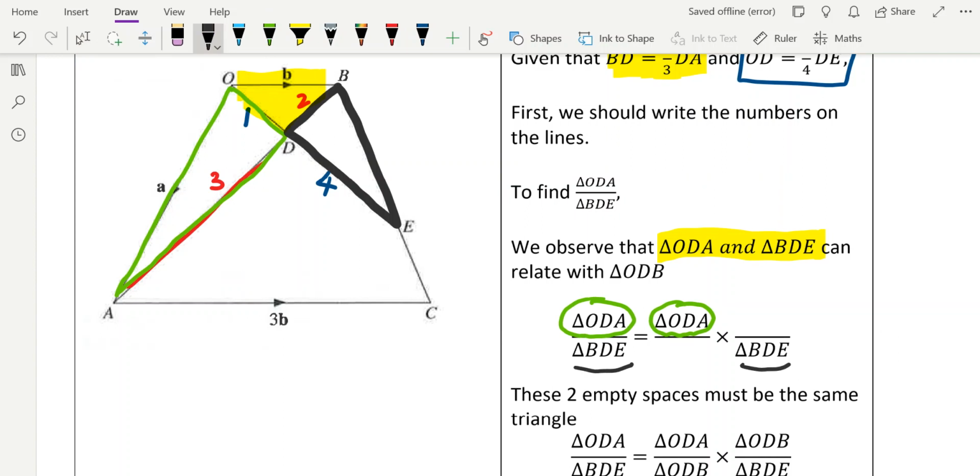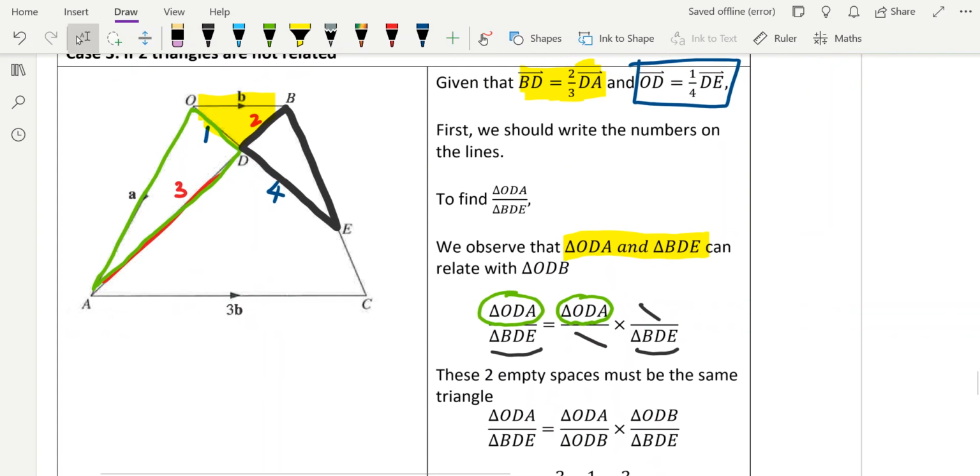Over here in these 2 empty spaces, it must be the same triangle so that you can cancel away. They are mathematically equal. Just now we established that the triangle they can both have a relationship with is ODB, for the green triangle as well as for the black triangle.